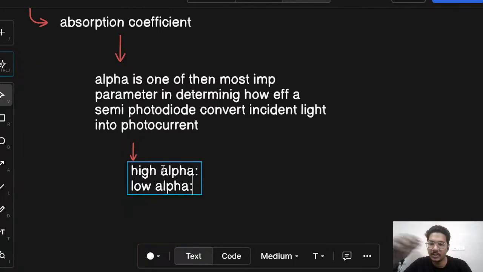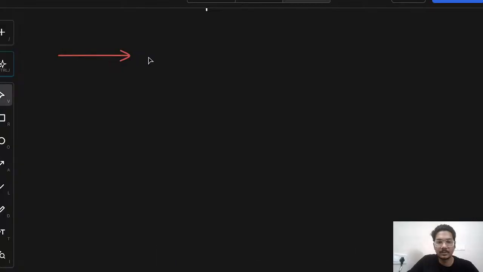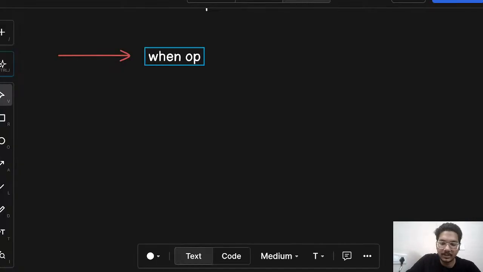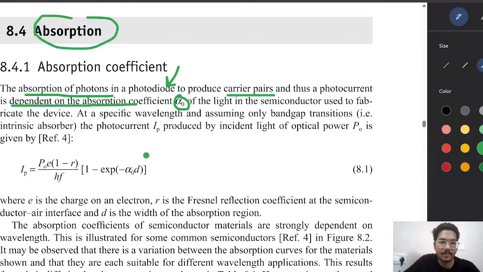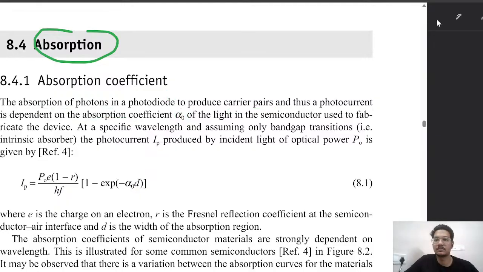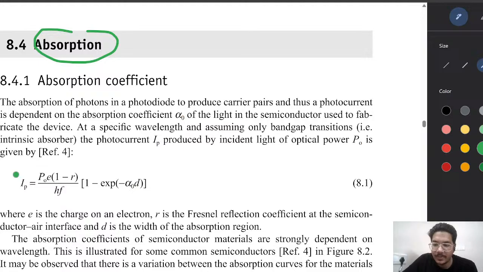Photocurrent equation. For the intrinsic absorber, when optical power P naught enters the semiconductor, the photocurrent IP is produced: IP equals P naught e (1 minus R) over hf, times (1 minus exponential of minus alpha d).